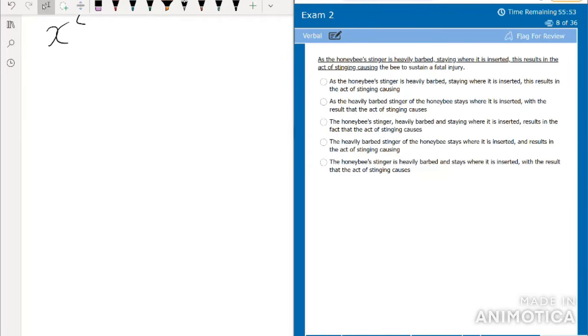As the honeybee stinger is heavily barbed, staying where it is inserted, this results in the act of stinging, causing the bee to sustain a fatal injury. So I don't like that this results.